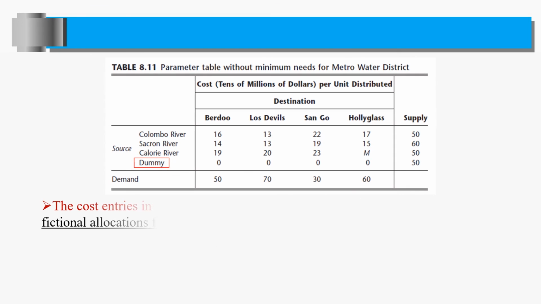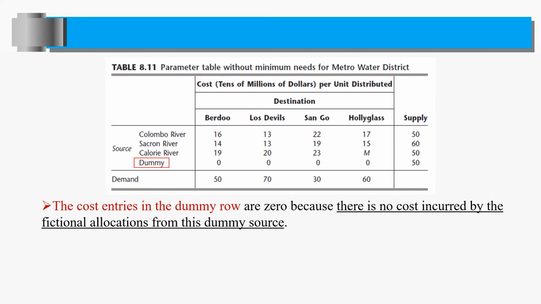The cost. Now we need to enter the cost of the dummy source. The cost entries in the dummy row are 0, because there is no cost incurred by the fictional allocation from the dummy source.